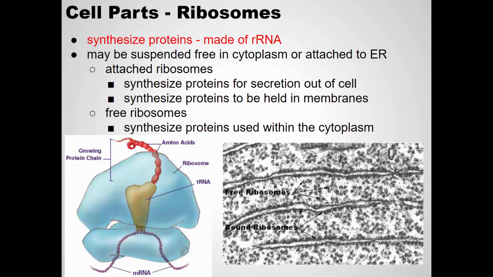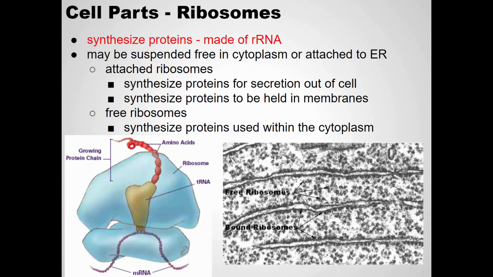The ribosomes that are attached to the ER typically are synthesizing proteins that are going to be staying inside of that membrane or are going to be leaving the cell. The ribosomes that are floating around in the cytoplasm generally make proteins that are going to be used in the cytoplasm, within the cell, which makes sense.